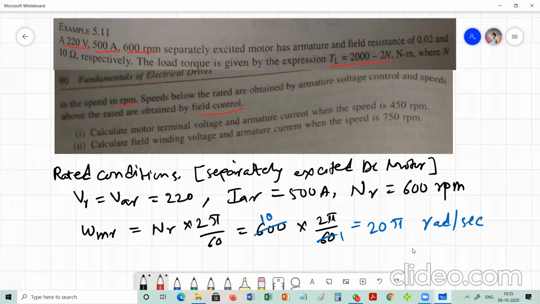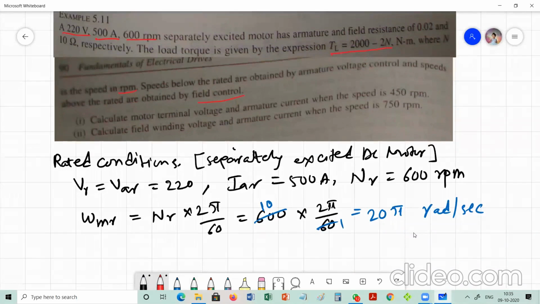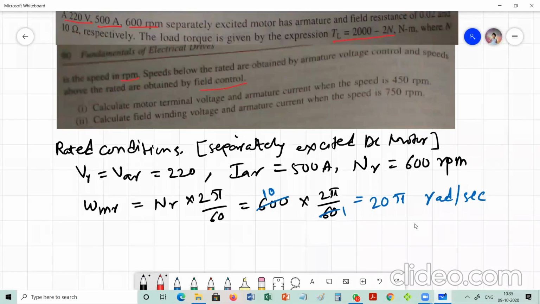Next they have given the armature and field resistance of 0.02 and 10 ohm respectively. Means Ra is equal to 0.02 ohm and Rf is equal to 10 ohm. This data they have given.